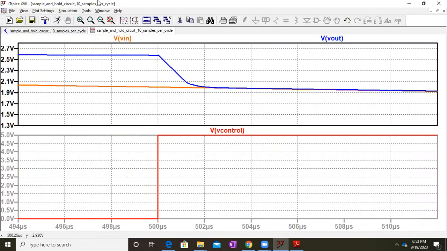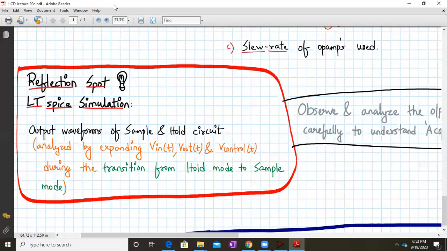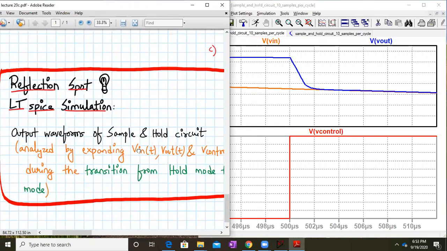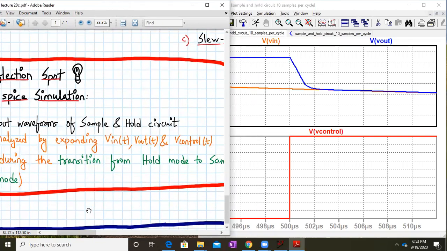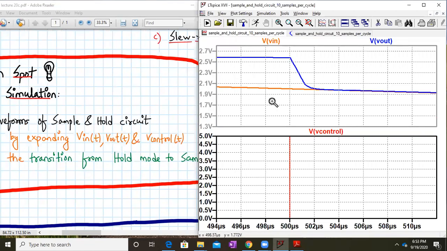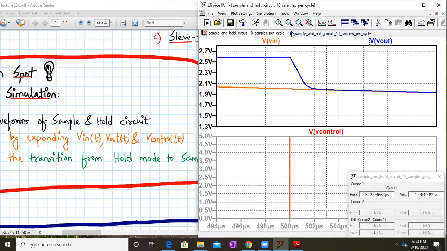So when you go from, let me bring back that PDF also. Yeah. So when there is a transition from hold mode to sample mode, this is my hold mode over here. This is my hold mode, and this is my sample mode. What happened over here?